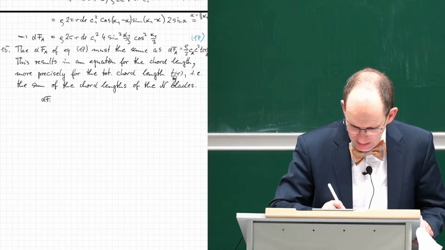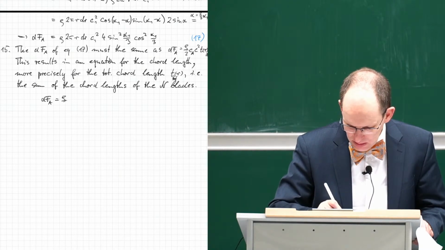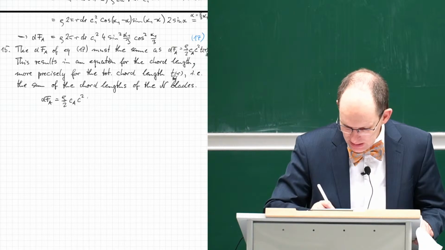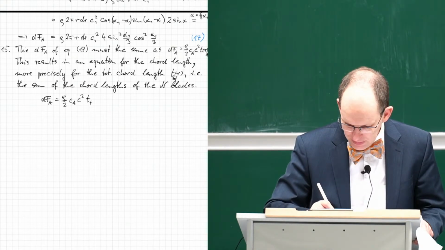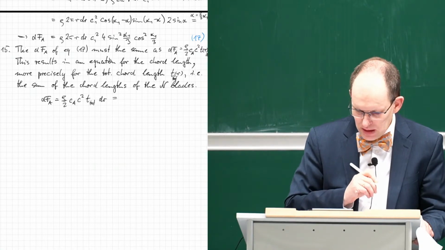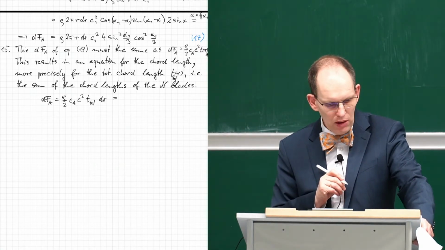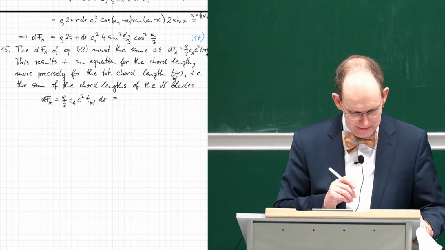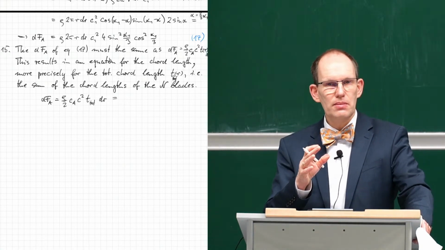we write dFA equals rho/2 Ca times c squared, and then we have here the total chord length, dr, and now we replace C with C1. Right? So why do we do so?